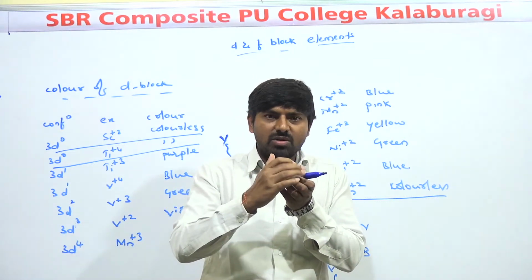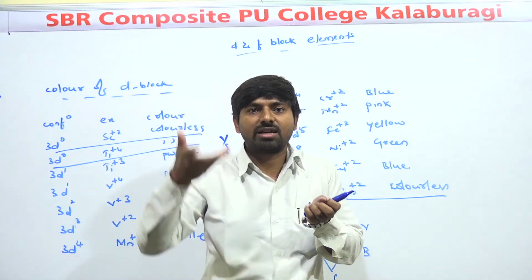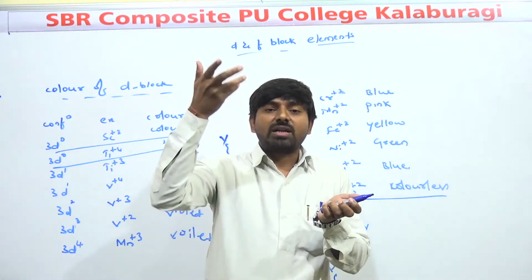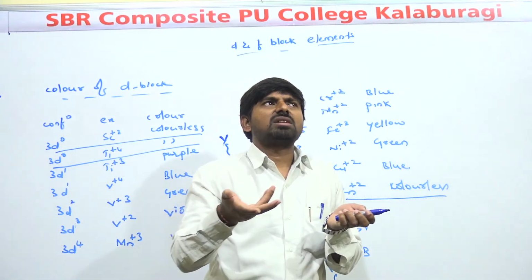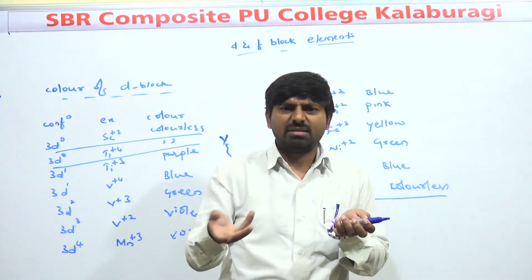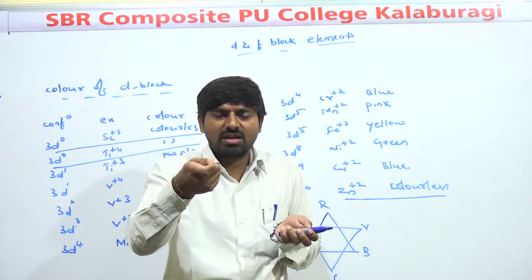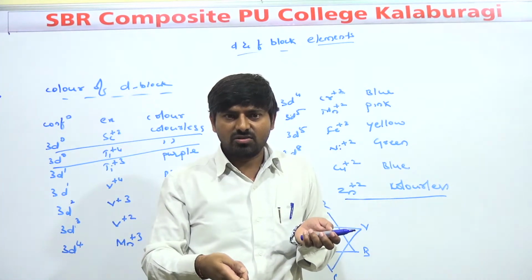When the electron absorbs some amount of energy, definitely its energy will rise, and it will get excited to the higher orbital. But in the higher orbital, it will not stay for a longer time. The time is around 10 to the power minus 7 or minus 6 seconds, which means the time lag is very, very small. Within that time, it will come back to its original orbital, to its original state.